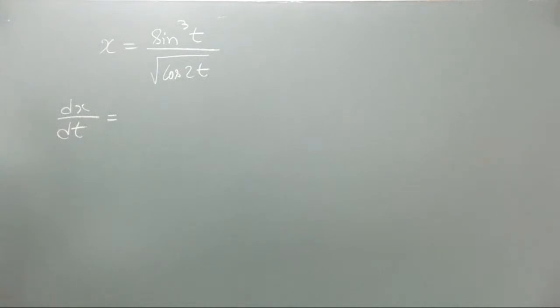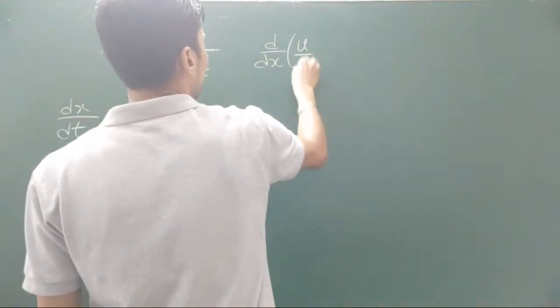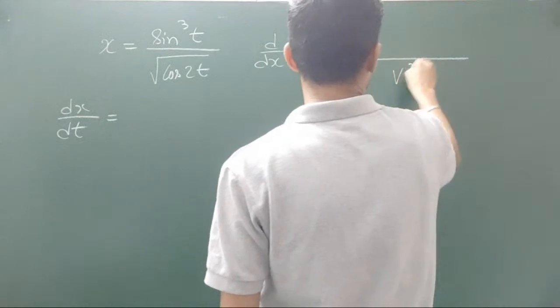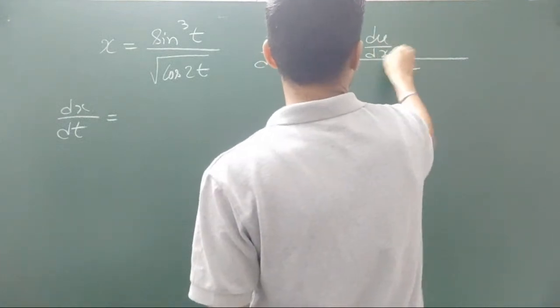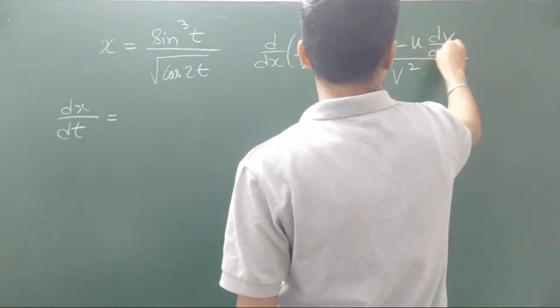Do you remember the quotient rule? Let me just write down that once again for you. U upon v derivative is v square in the denominator, and in the numerator, v into derivative of u minus u into derivative of v.